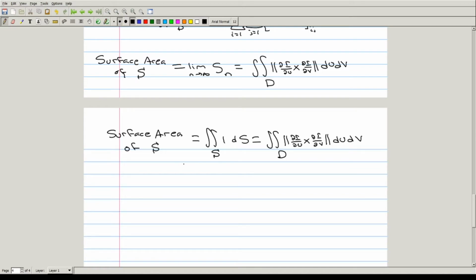But for now, we'll just stick with this surface area formula and see if we can do a couple of examples. Probably just do one example that will be familiar to everyone. And this is the idea of the surface area of a sphere.